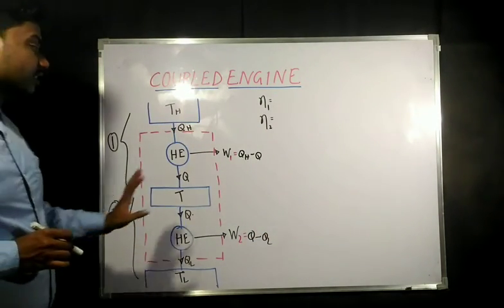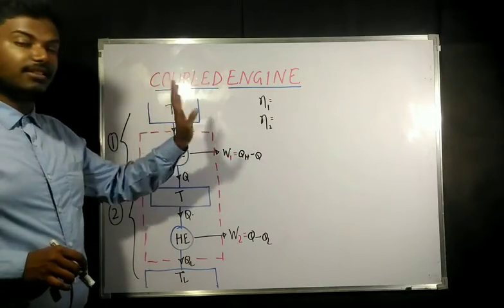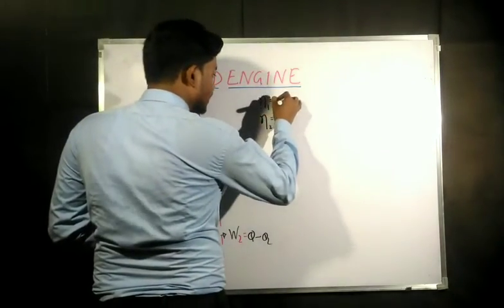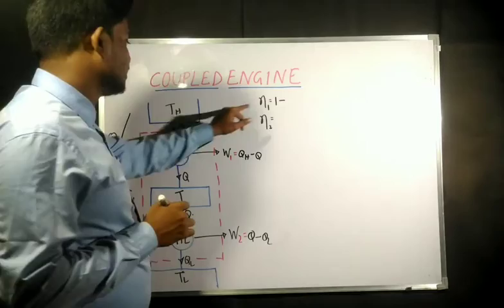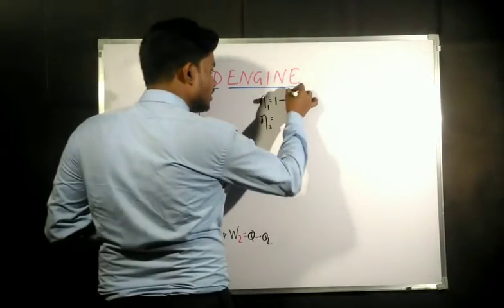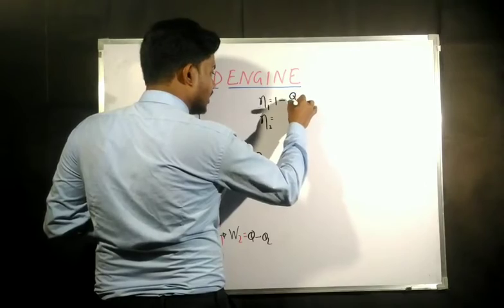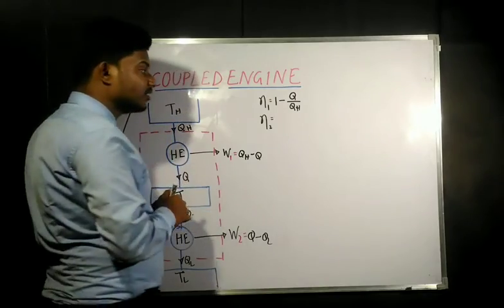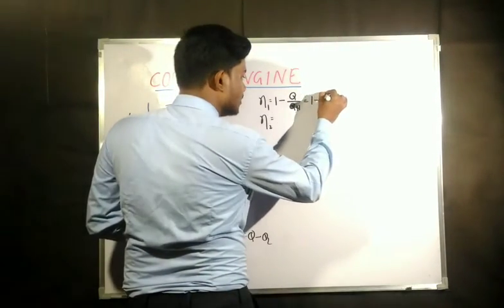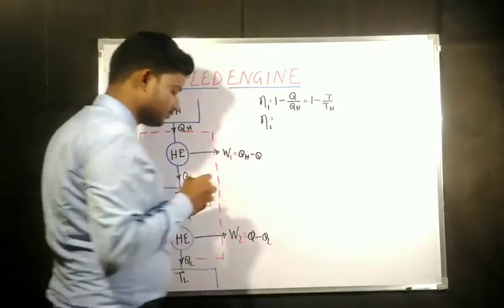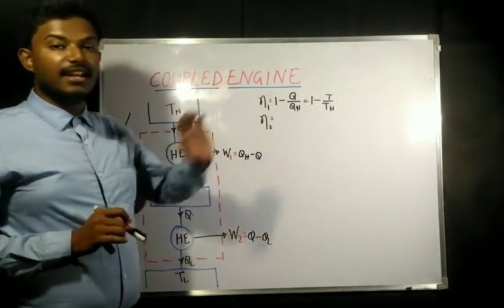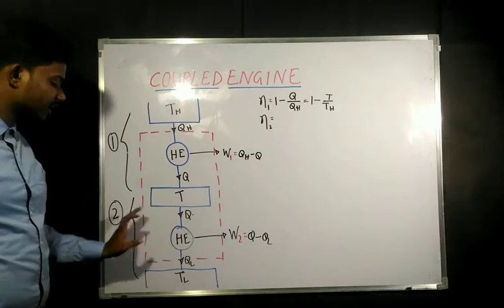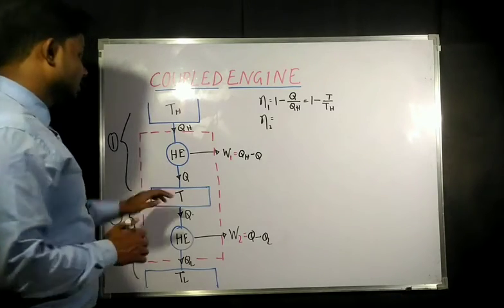As we have derived the efficiencies for heat engines earlier, the efficiency of the first heat engine, eta 1, is related to the lower temperature by the higher temperature. If this engine is reversible, it is 1 minus T by Th. Eta 2 is the efficiency of heat engine 2, which has been coupled to heat engine 1.